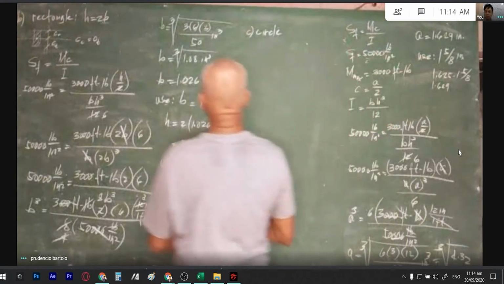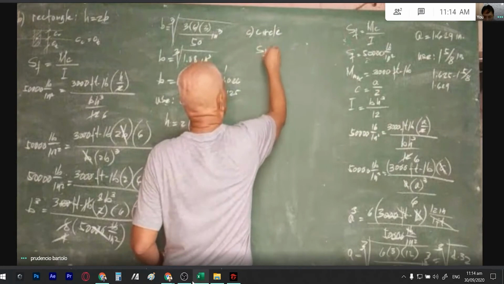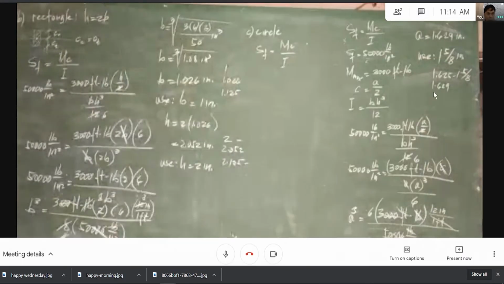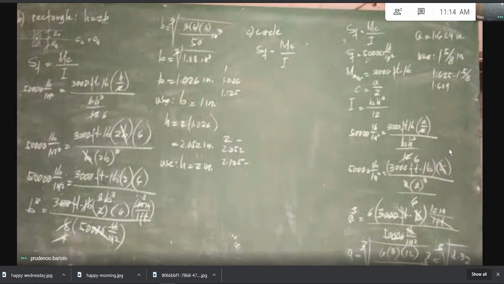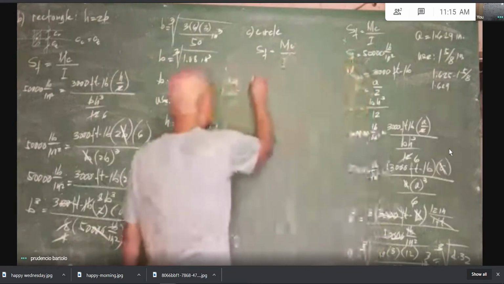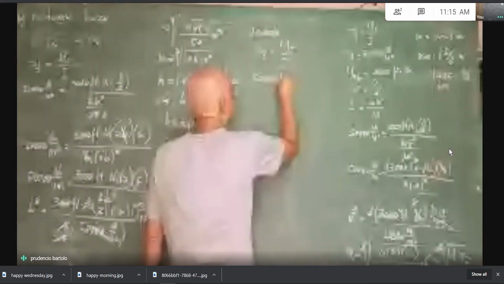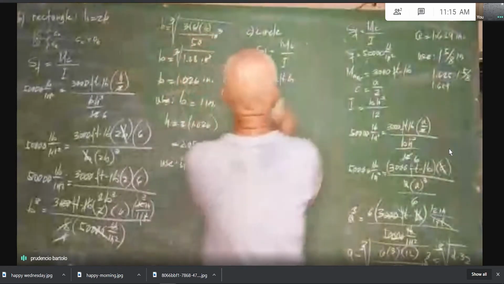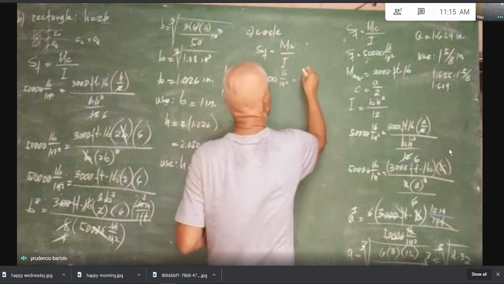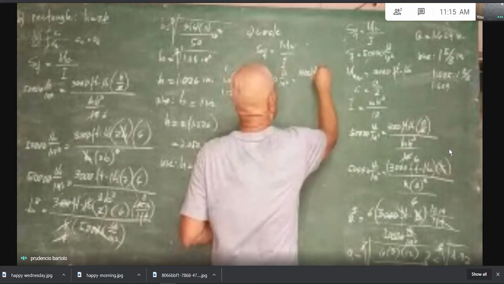So we make use again of the general form of the equation, SF is equal to MC over I. So from SF is equal to MC over I, that is 50,000 pounds per inch squared, equal to the maximum moment, 3,000 foot-pounds.